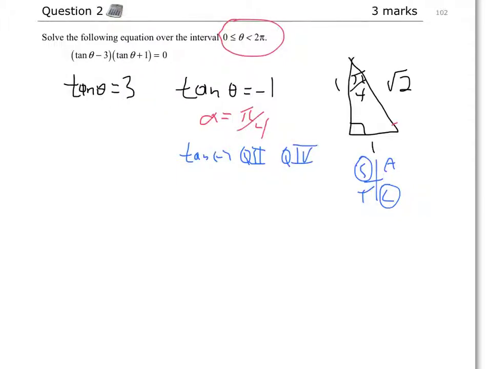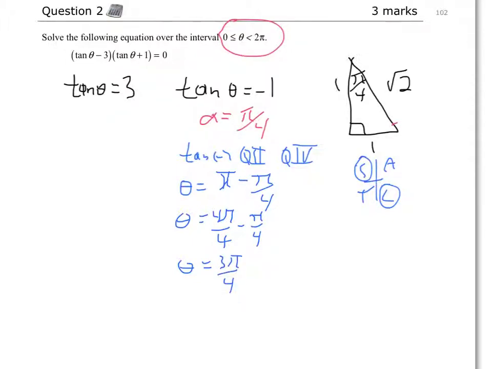So our first solution for tan is in quadrant 2. The quadrant 2 solution is pi minus pi over 4, which of course is 4 pi over 4 subtract 1 pi over 4, which is 3 pi over 4.